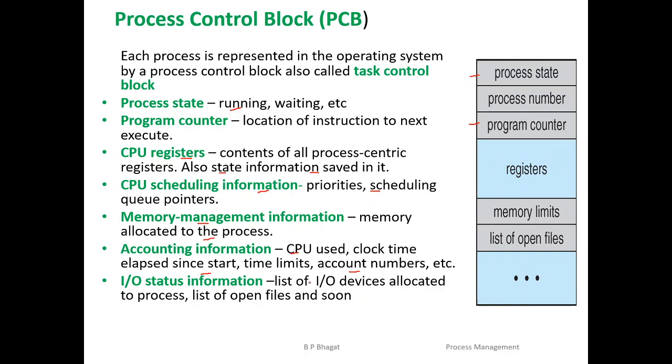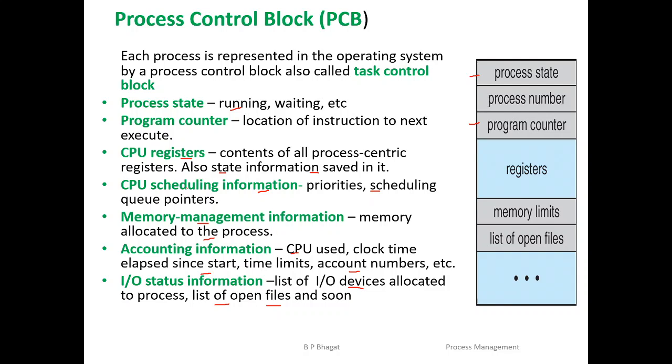This information includes the list of IO devices allocated to the process and the list of open files, and so on. So whatever IO devices the process is going to use or has been allocated, as well as whatever files are needed by the process, we are able to get the list here in the IO status information.